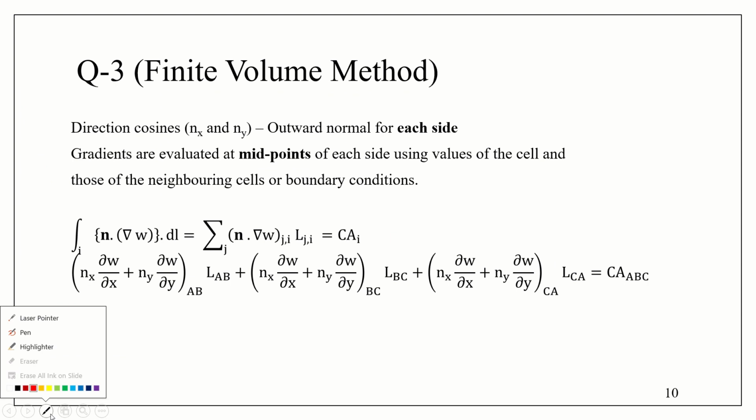So if we put it in a more elaborate manner, for a triangle we would have (nx ∂w/∂x + ny ∂w/∂y) at side AB into the length of AB, plus (nx ∂w/∂x + ny ∂w/∂y) at side BC into the side length of BC, plus (nx ∂w/∂x + ny ∂w/∂y) at side CA into the length LCA, is equal to the integral over ABC.